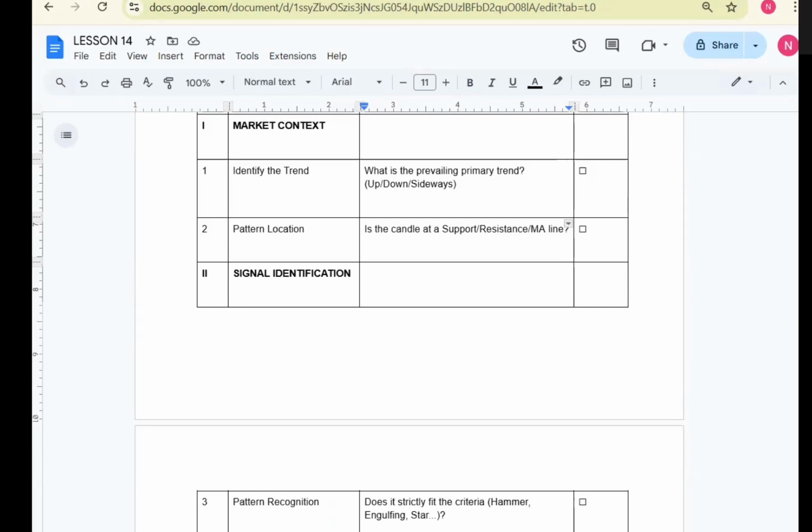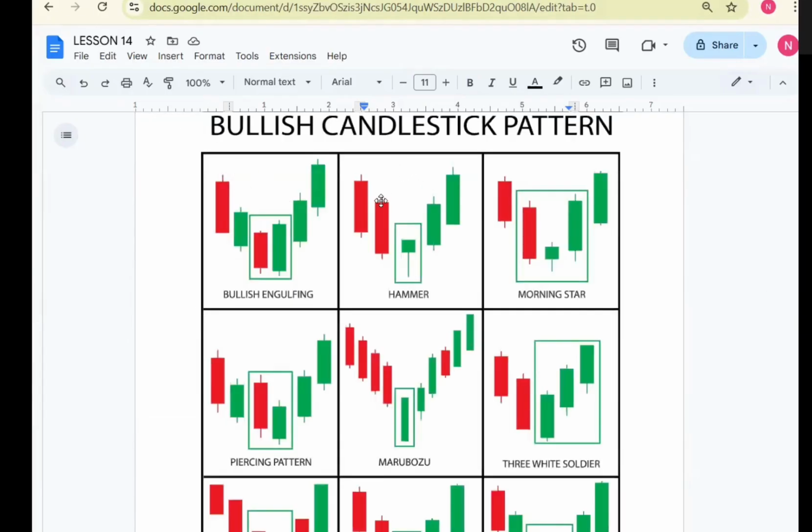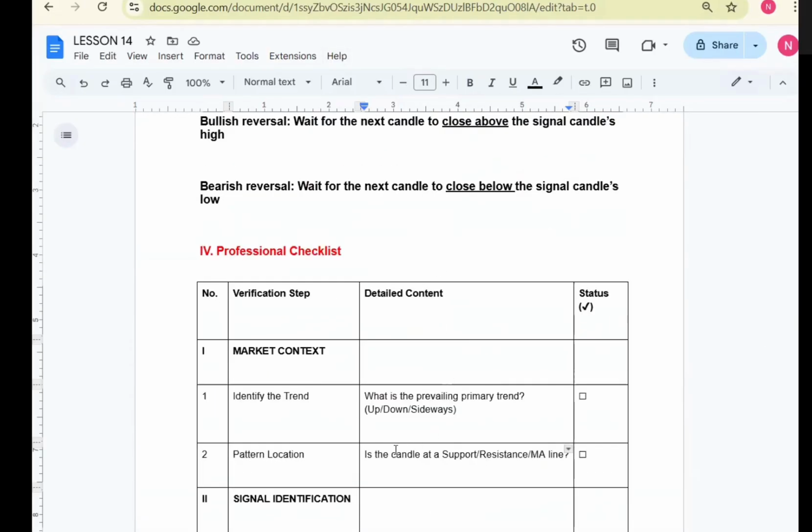All right, so you need to remember the location because it's very important for the bullish candlestick pattern or bearish candlestick pattern. It will appear at the key support or resistance level. So we need to find out the pattern location to identify whether the pattern appearing is correct or not.